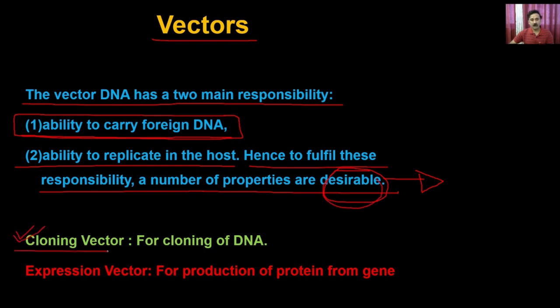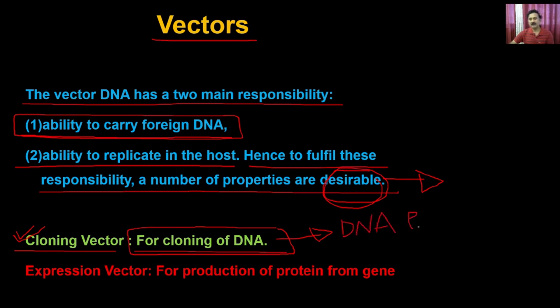You can use the cloning vector, which is used for the cloning of the DNA. So what is the use of the cloning vector? The cloning vector is always used in places where you are interested in studying a particular type of process. For example, if you are interested only in studying DNA replication, in these cases you can use the cloning vector.